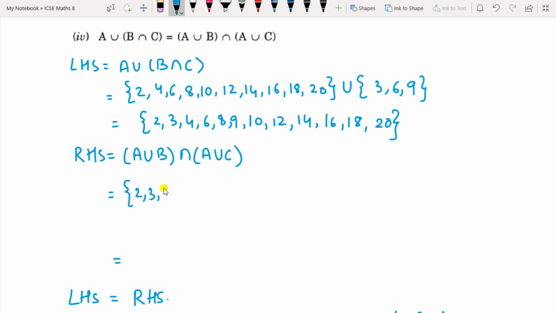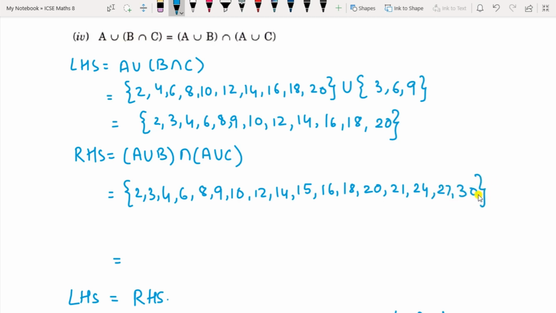Now for RHS, A union B will be 2, 3, 4, 6, 8, 9, 10, 12, 14, 15, 16, 18, 20, 21, 24, 27 and 30.